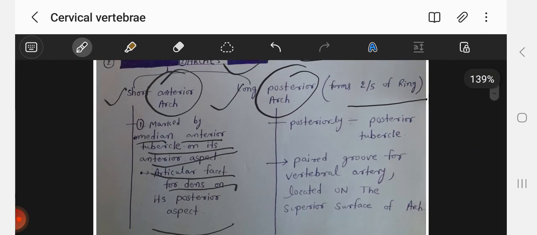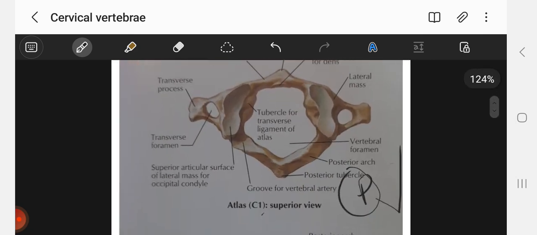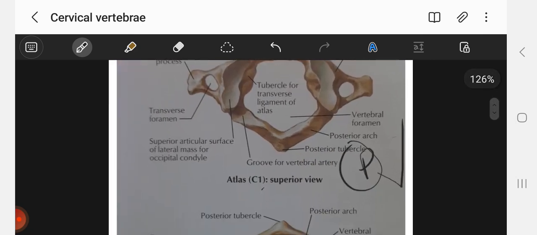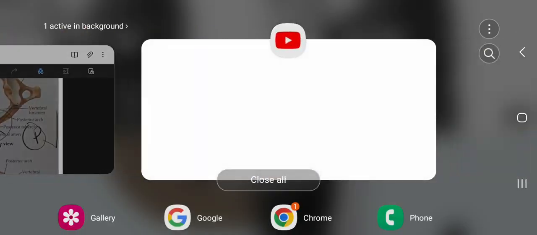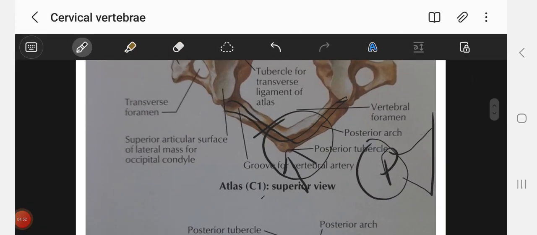Next is the posterior arch. Posteriorly on the posterior arch is the posterior tubercle. If you look at the posterior side of the posterior arch, here is one tubercle. This is called the posterior tubercle.